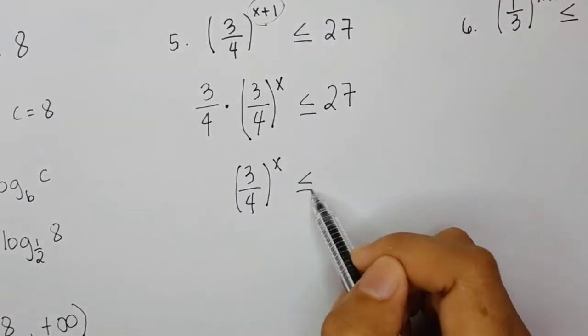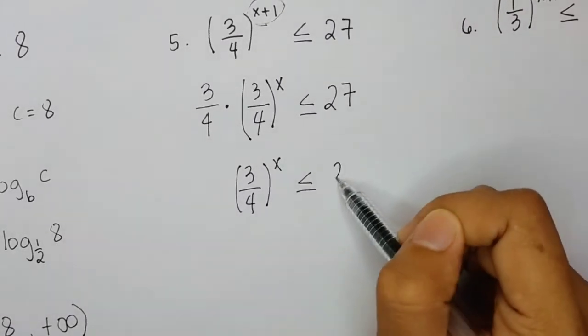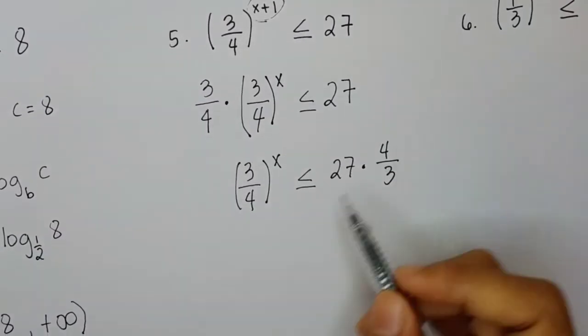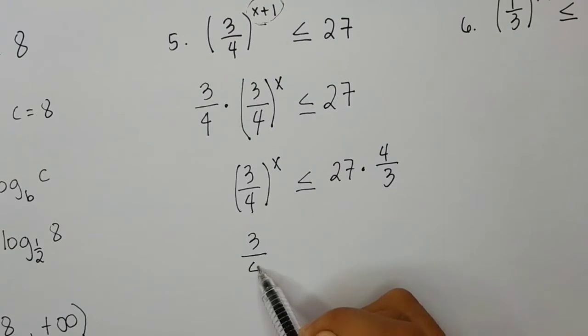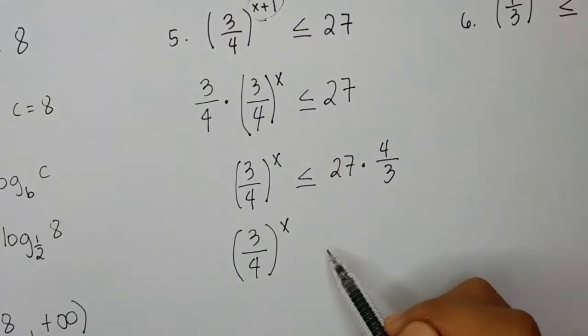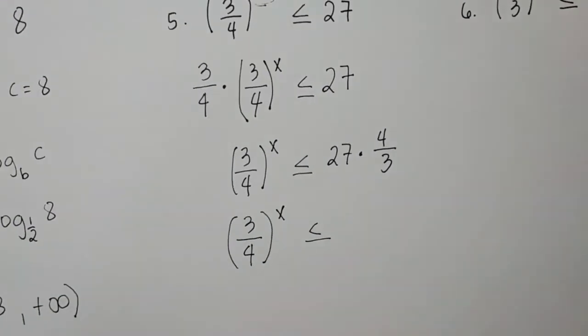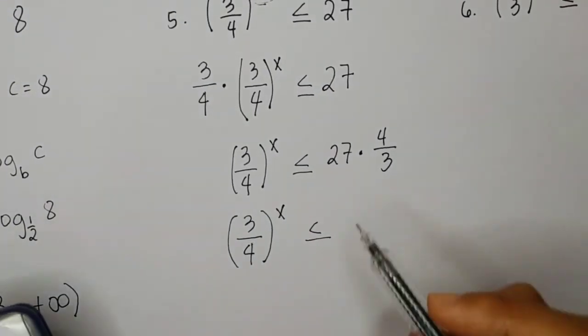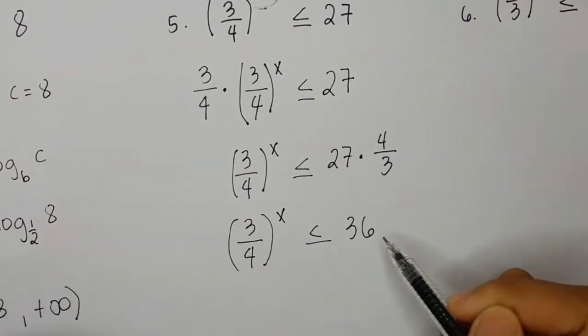This will be less than or equal to 27 times 4/3. So, this will be 3/4 raised to the power of x, that is less than or equal to, so we have 27 times 4/3. This is 36.